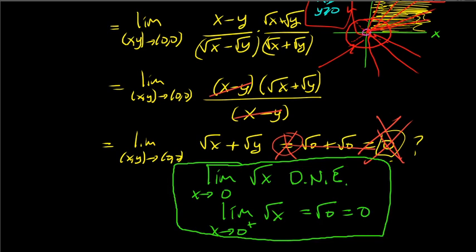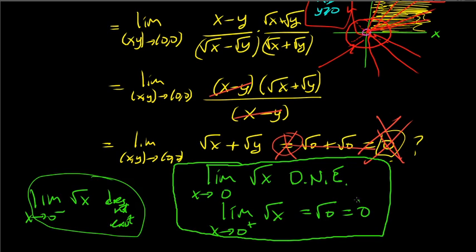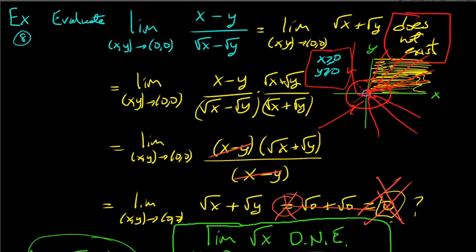You're either approaching from the right or from the left. And if you're approaching from the left, that limit, again, does not exist. And when you're approaching 0, that means from both the right and the left. And if you don't get the same answer for both, then the limit does not exist. And that's what happens with the square root function.